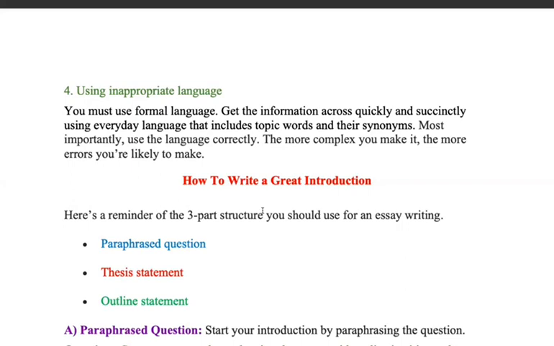In the previous pages: paraphrase the question, so rewrite the question in different wording, in different words. Then the thesis statement and outline statement. I would say you can bring thesis and outline statements together in one sentence. That would be absolutely fine.